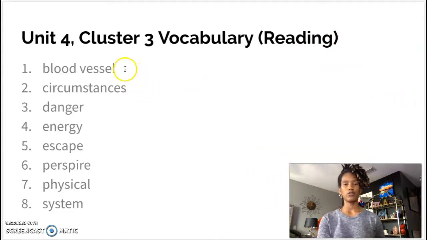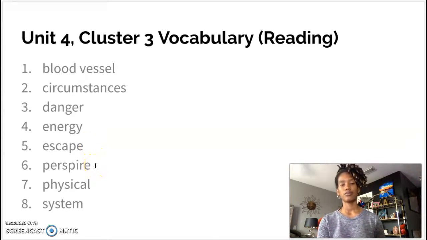Blood vessel. Circumstances. Danger. Energy. Escape.